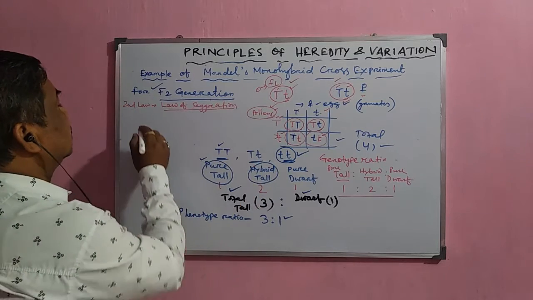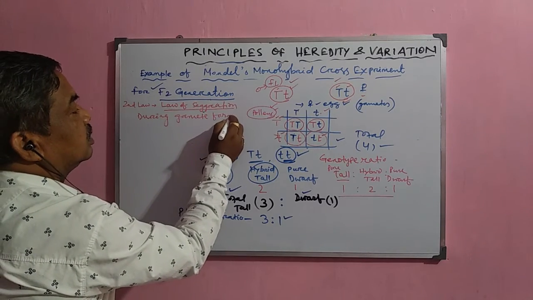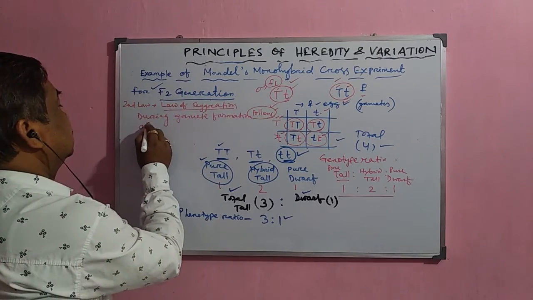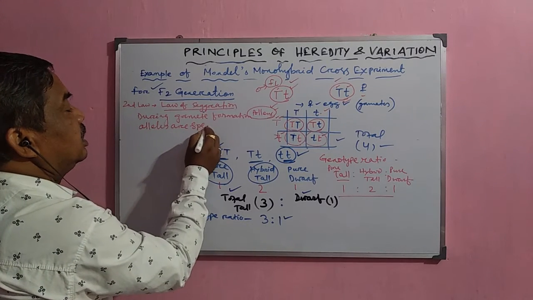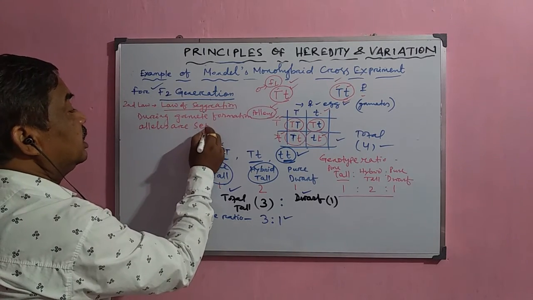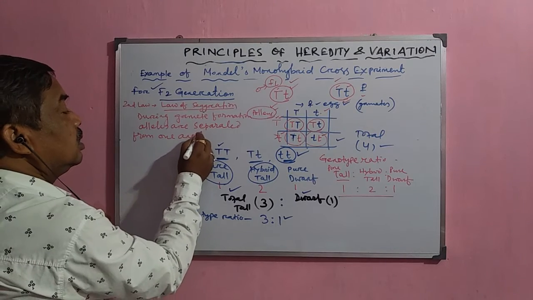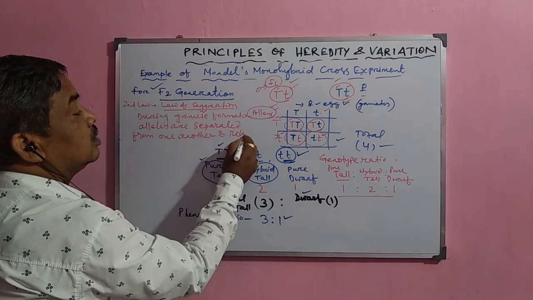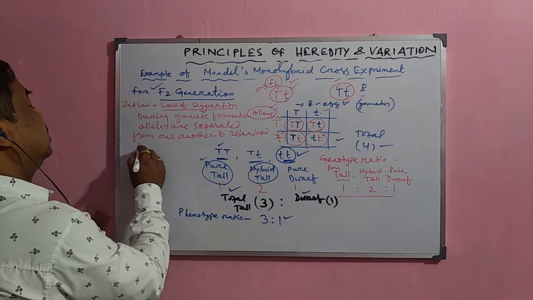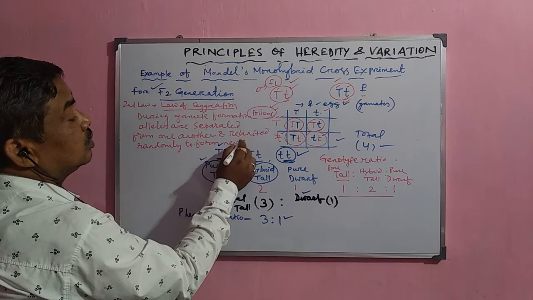So, during gamete formation, the unit factors or the alleles are separated from one another and reunited randomly to form new combinations.